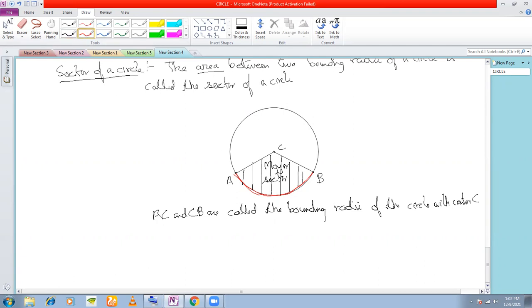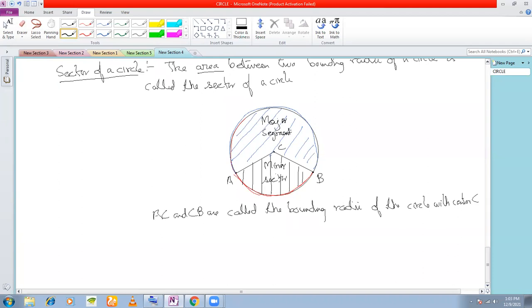This arc that you see here, let me draw it in a different color, is more than half the circle. So therefore, this area will be called the major sector. Sorry, this is the minor sector, because it is smaller. This is called the major sector.